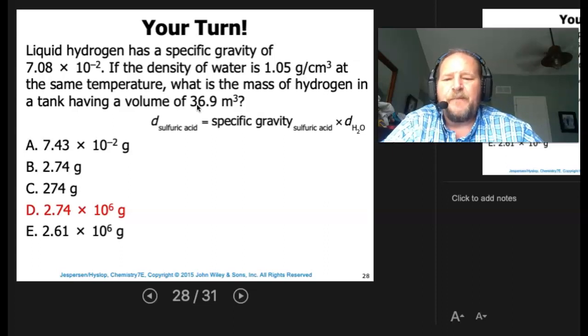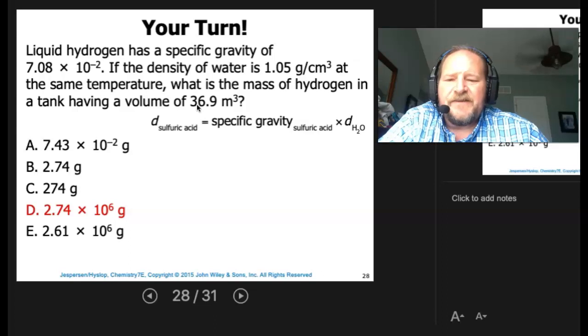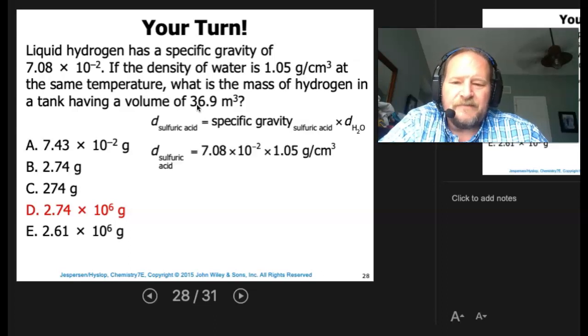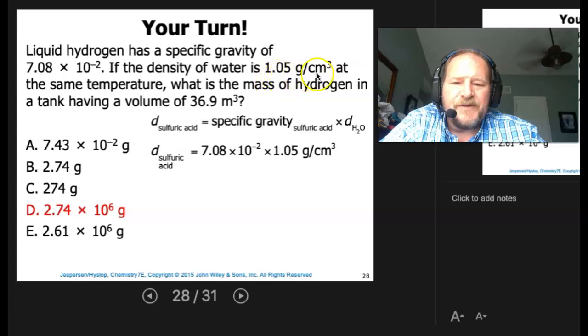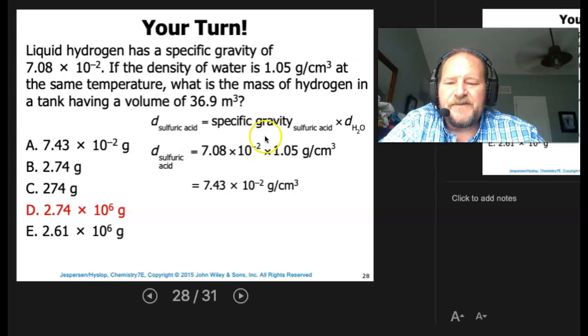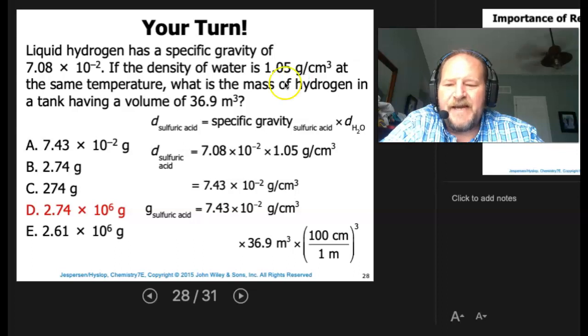So here's how we did it. Density of liquid hydrogen is equal to specific gravity times the density of water. So we're going to take the 7.08 times 10 to the negative 2, multiply it by the 1.05 grams per centimeter cubed. That gives us 7.43 times 10 to the negative 2 grams per centimeter cubed. Now once we have that density, we can use the volume to calculate the mass.